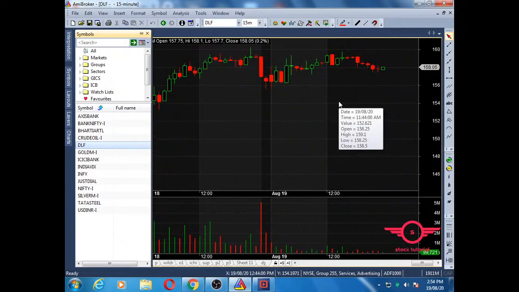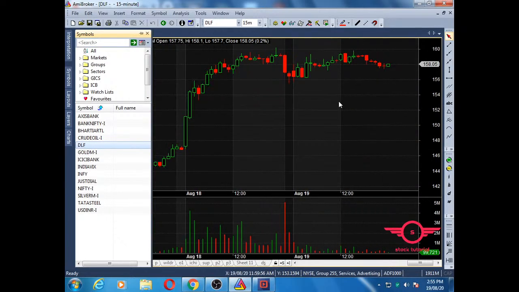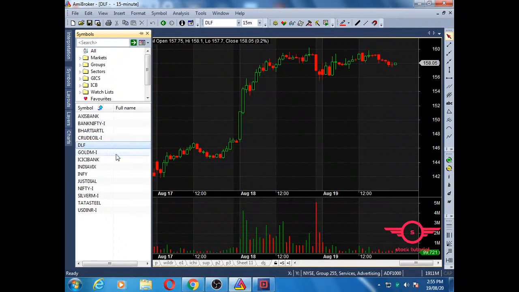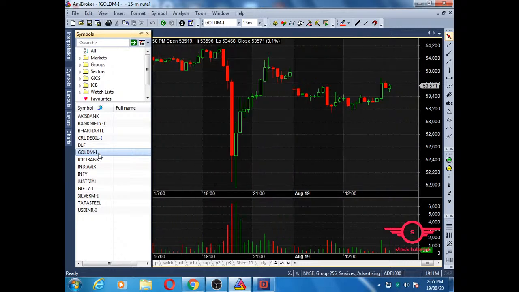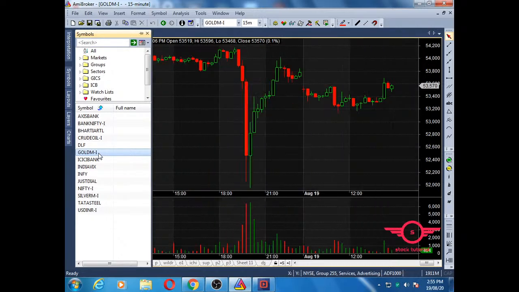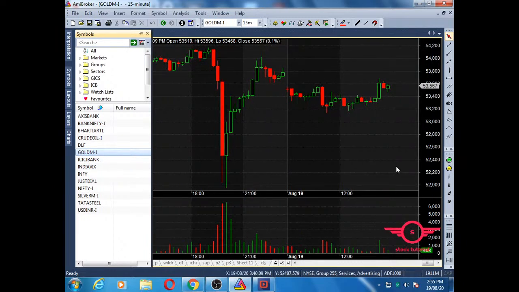DLF has a non-significant movement today. Oh, here is a big example of a previous candle. Supposedly this is the candle.